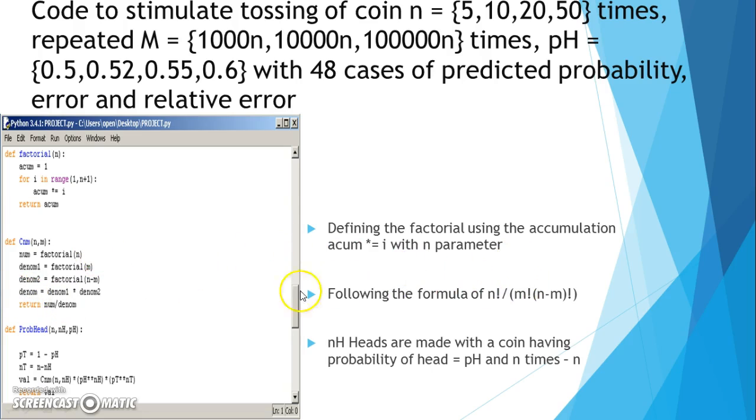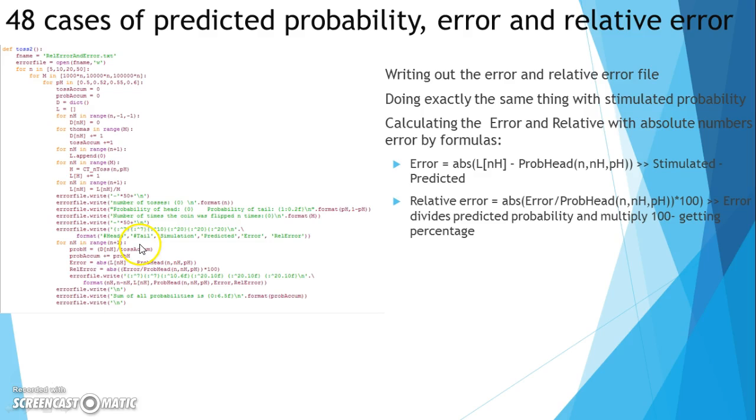Okay, so afterward we define the probability of head with N, H and PH. So what are they? They are N and H, the heads made with a coin having a probability of head PH, and N times. Right now we are doing the 48 cases of predicted probability, error and relative error.